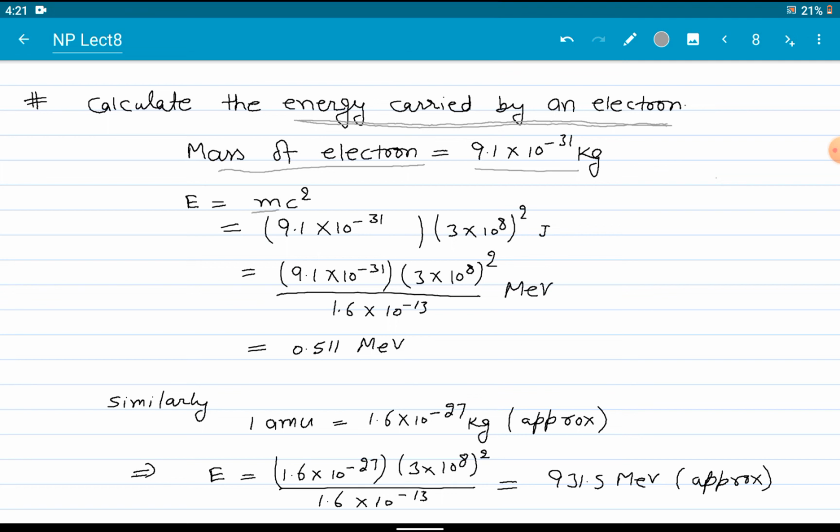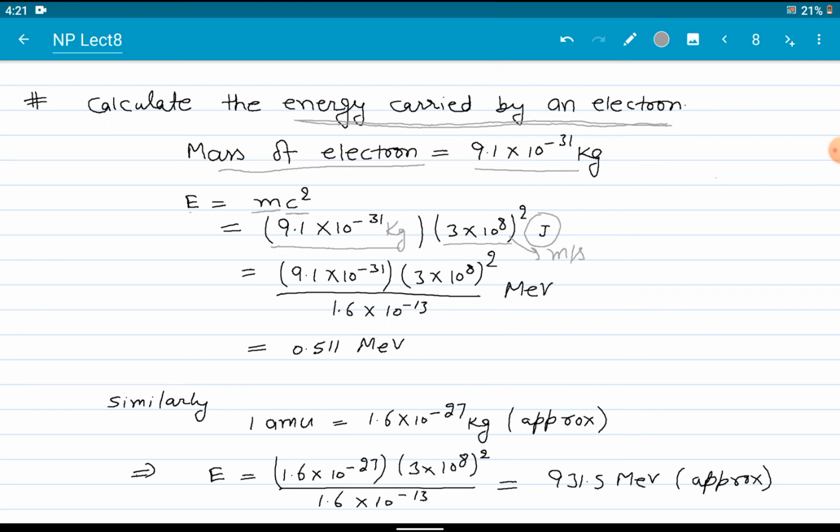So mass into c square, so E is equal to mc square. Using the mass energy equivalence relation, we have put here the mass of electron, and this is into c square, where c is the speed of light in vacuum. So this comes out in joule because this is in kg and here this is in meter per second.